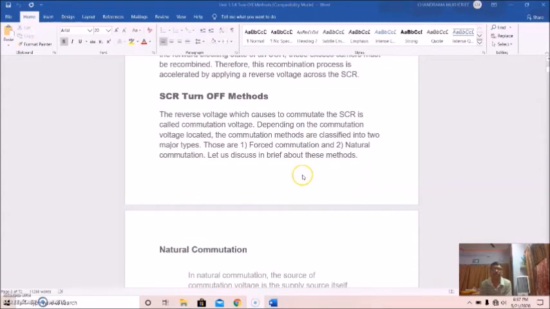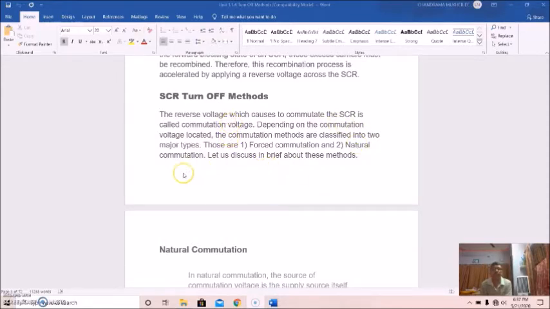In SCR turn-off methods, the reverse voltage which causes the turn-off of the commutated thyristor is called the commutation voltage. This reverse voltage, applied across the thyristor for recombination of the excess carriers, is known as the commutation voltage, because this voltage is necessary for turning off the thyristor.